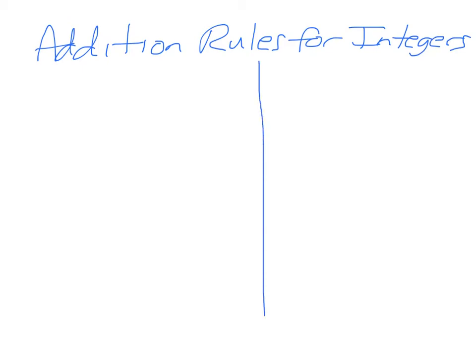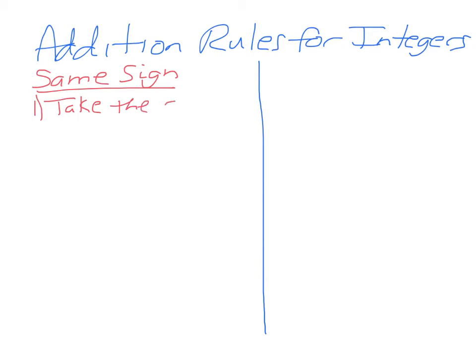Now, I'm going to make a line here because I want to compare; there are two situations that we have. Situation number one is if they have the same sign. What I always do when I add integers, even with the same sign, is I take the absolute value (I'm abbreviating it there, because it's a small space here) of both numbers.